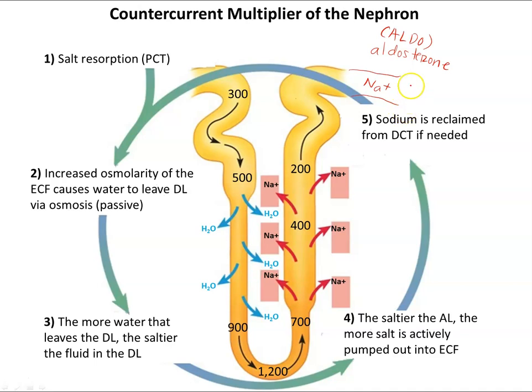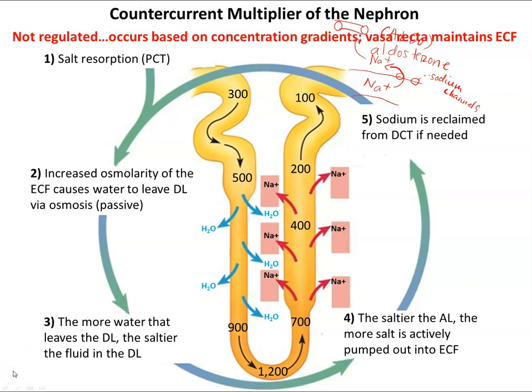But if I want to be permeable to sodium, then I'm going to put a whole bunch of sodium channels on the cells that reside here, and that will allow me to get sodium back into the interstitium that will then go into a capillary where I can now get it back into the body.